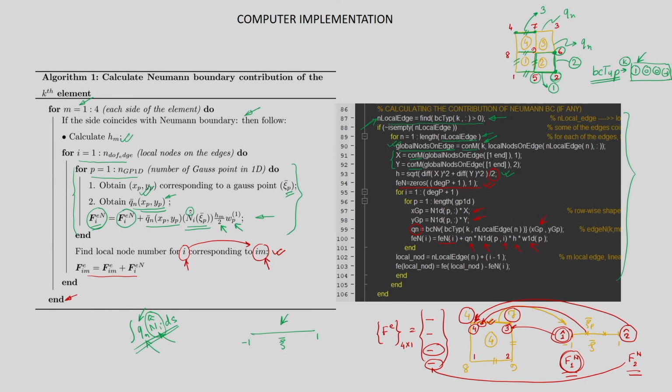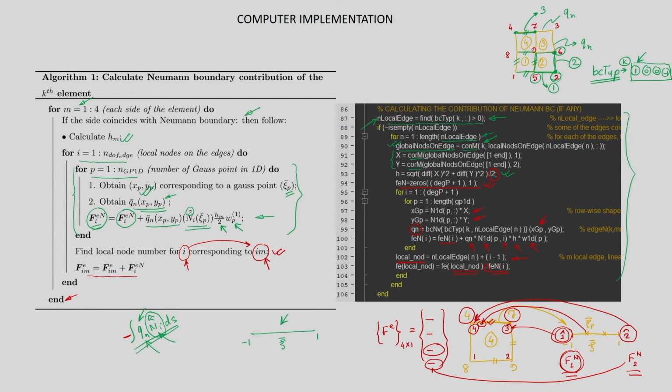So this ensures the calculation of the Neumann boundary term numerically, and once we do that, we find out the corresponding local node in the quadrilateral element, and to that local entry we are adding this Fni. This minus sign is basically, if you look at the weak form, we had a minus sign, minus Qn Nids.